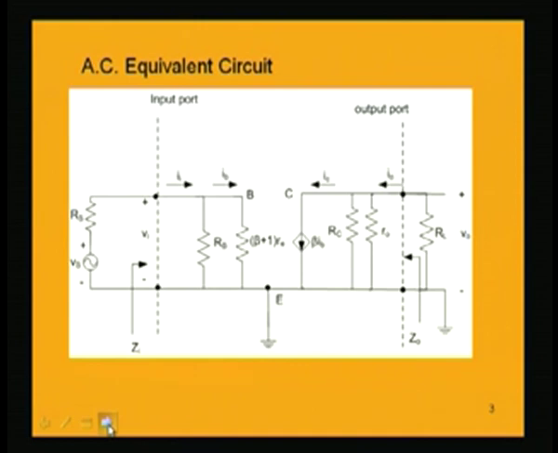Then we assume a short circuit for the capacitors, because the capacitors are chosen with high values, so that under the applied signal they offer almost 0 impedance or capacitive reactance, such that it is like a short circuit.